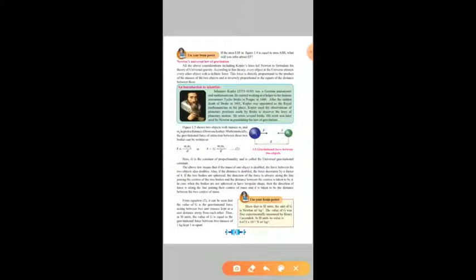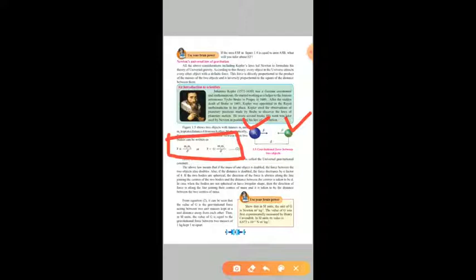After this, you have seen Kepler's first law, second law and third law, which are very important for planetary motion. So study all three laws of Kepler well. After that, we have seen Newton's universal law of gravitation, where you have seen this formula, with which you can calculate the force when two objects attract each other.